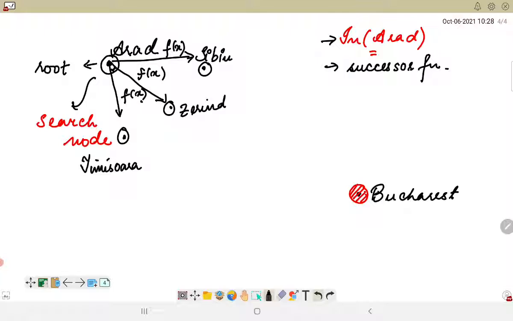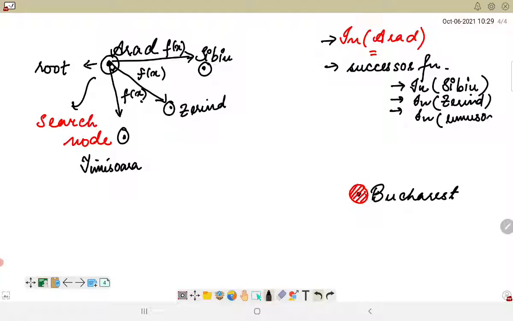So when I am doing this particular expansion, I am getting three different states, which is in Sibiu, in Zerind, or in Timisoara. So these are the three different new states that have to be generated.